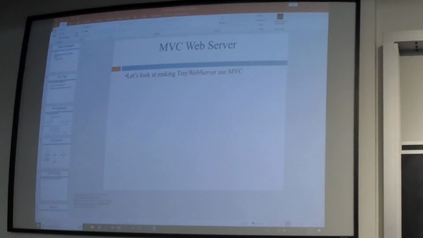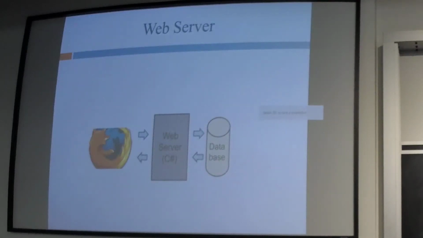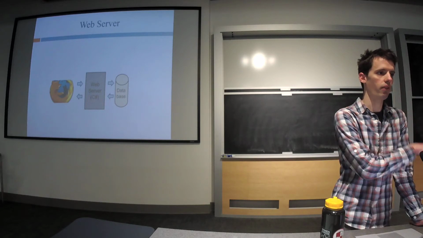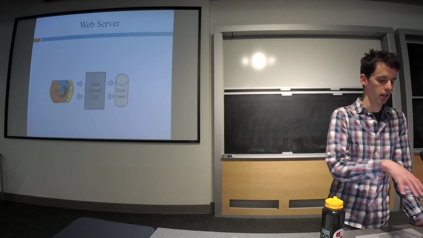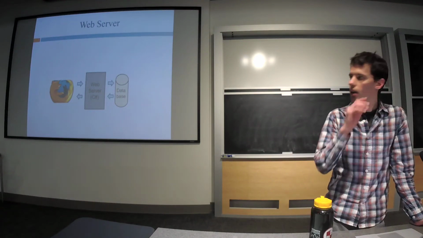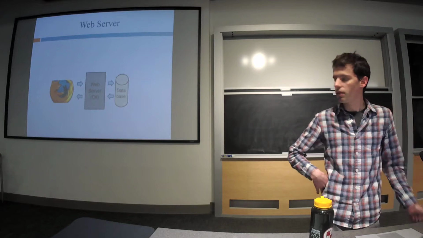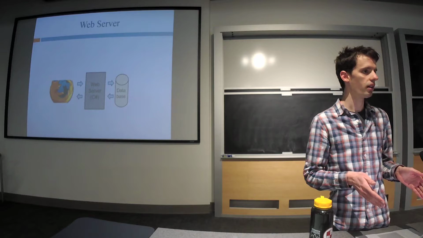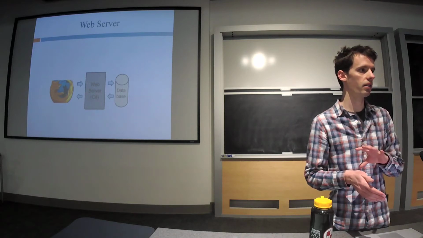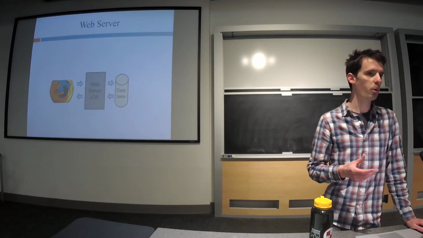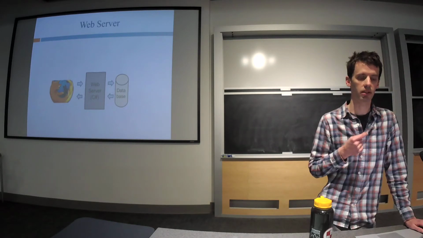So let's take a step back and look at the basic web server architecture. You have multiple components here. You have Firefox or some client. You have the web server itself, and the web server is going to interact with a database. The parts of the web server, MVC, is all in there in the middle in that gray box. The view part is what it sends to the web browser. The controller part is how it interacts with the database.